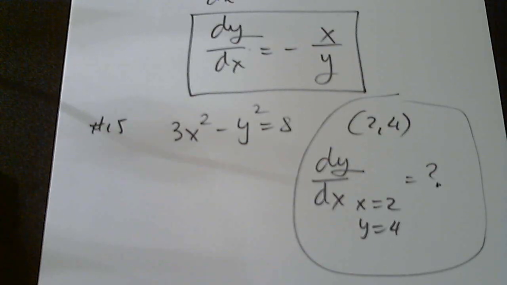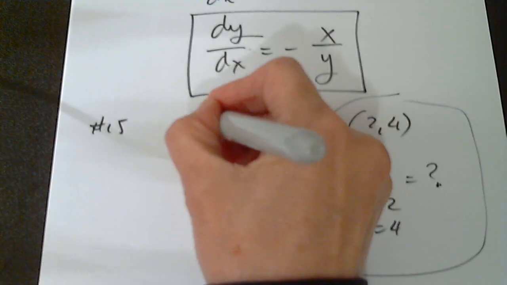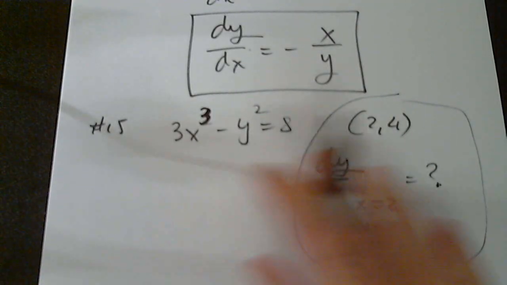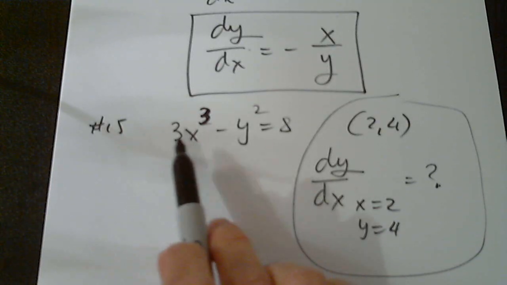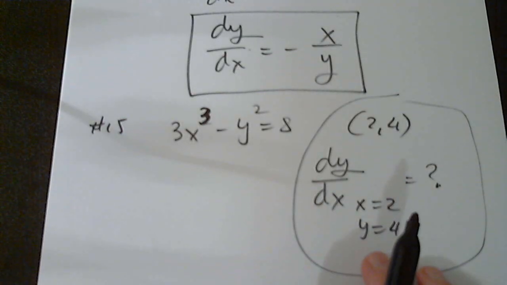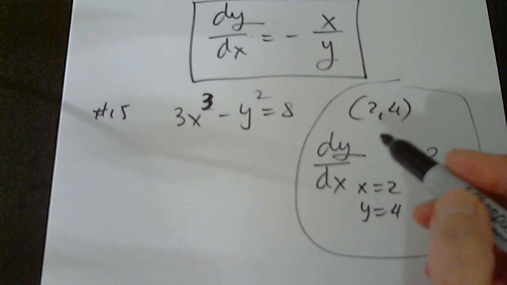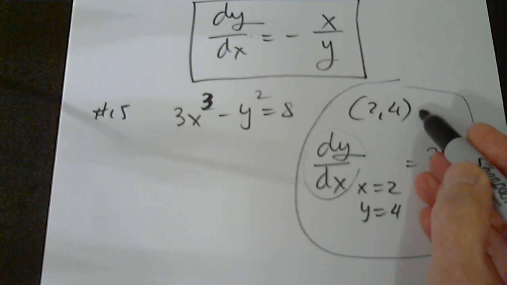Oh, yes, I did copy something wrong. Okay, the point has to be on the equation. It has to verify the equation. So 24 minus 16, that's 8, correct. Good.